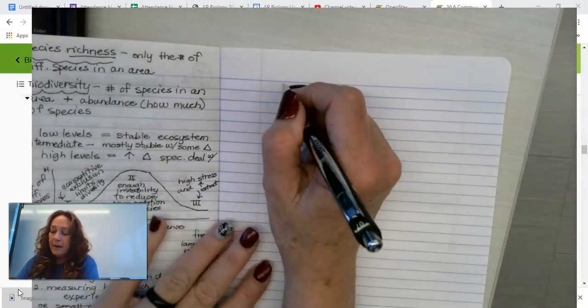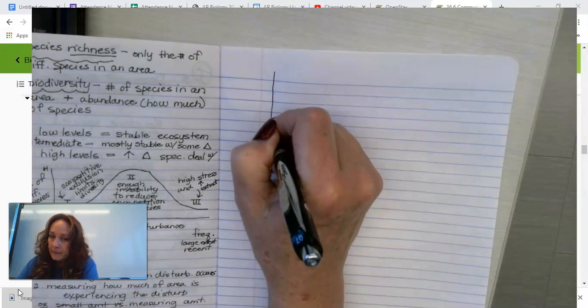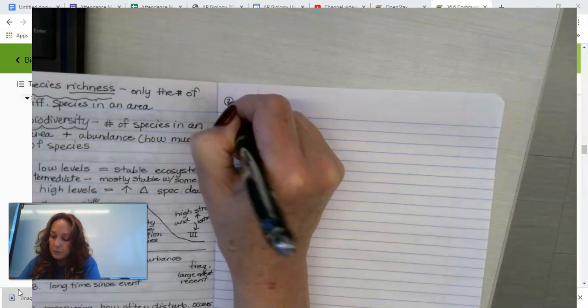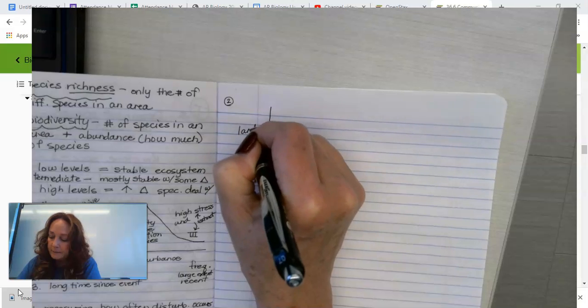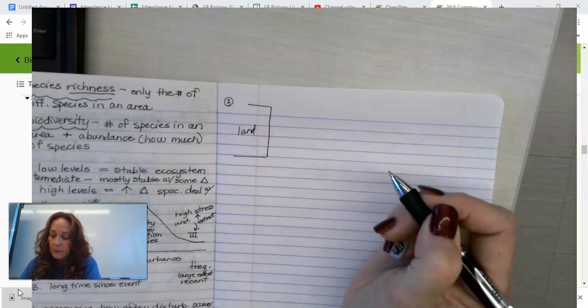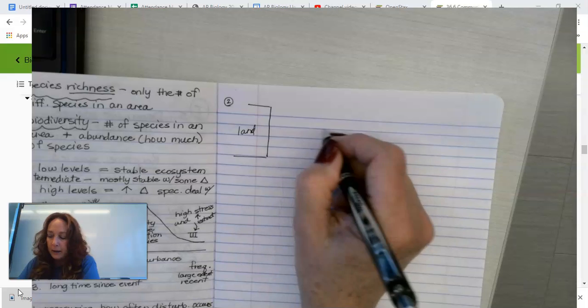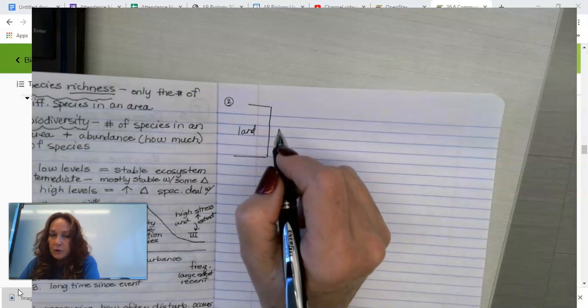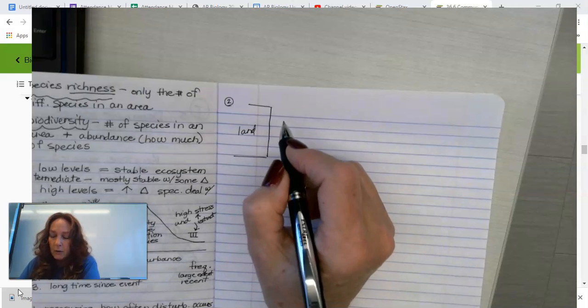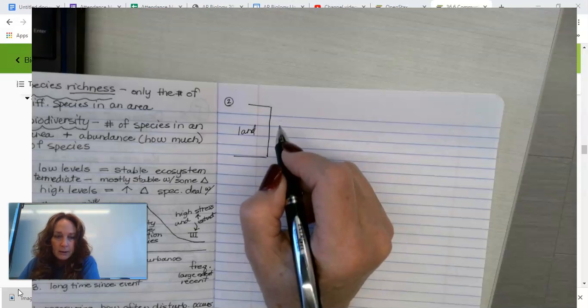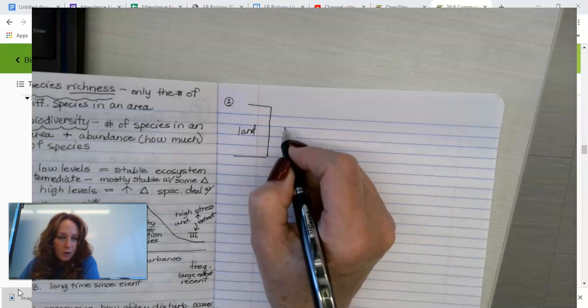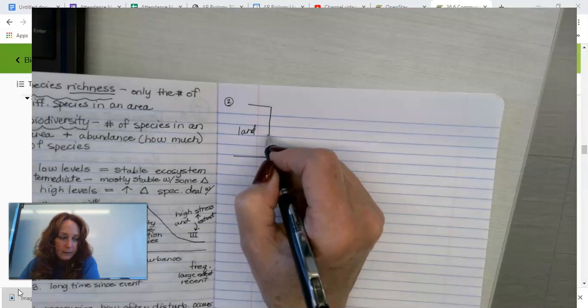So let's think about that. If this is land over here, and you've got islands out here, you're going to have two things to take into account. One is how big they are, and two is how close or far they are from land.